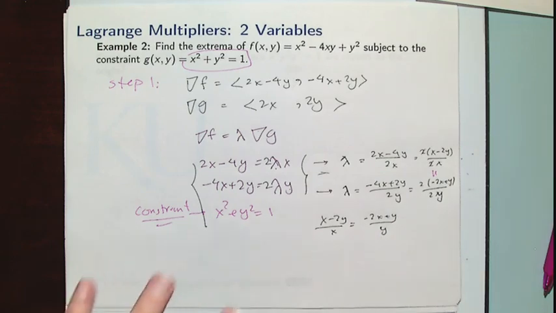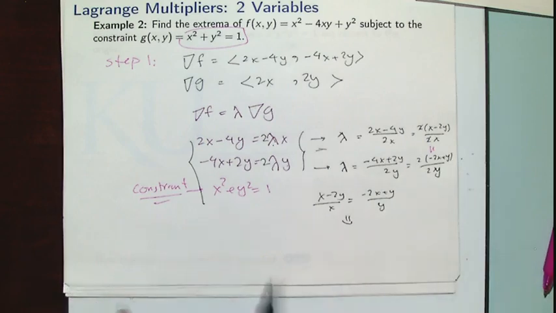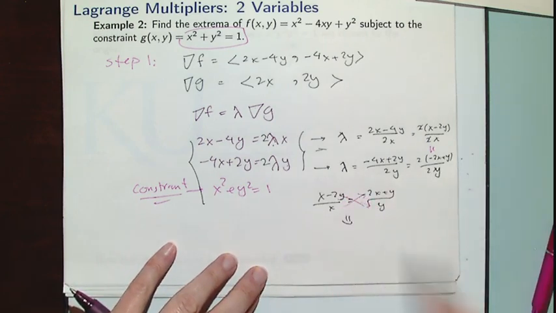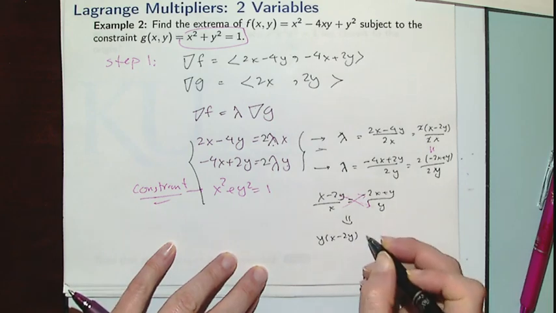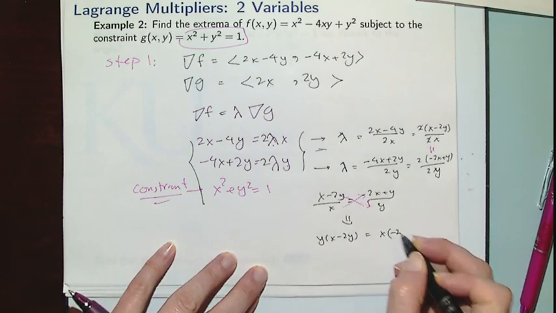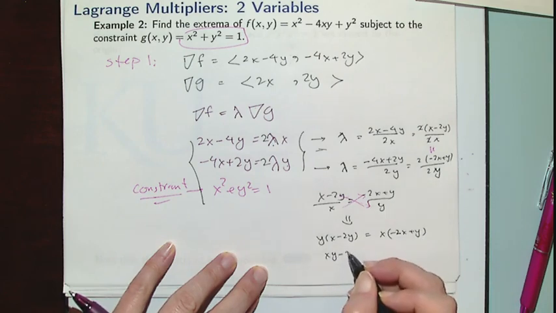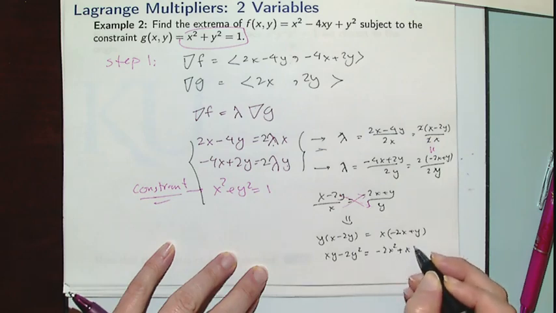Right? Now, what's the next step? Multiply by x times y, right? So I get y times x minus 2y is equal to x times minus 2x plus y. That is xy minus 2y squared is equal to minus 2x squared plus xy.